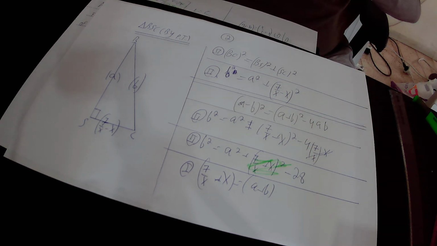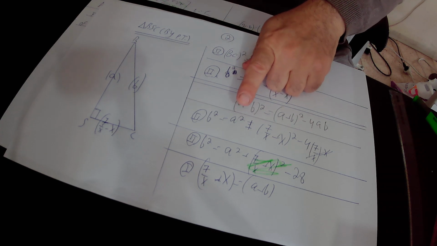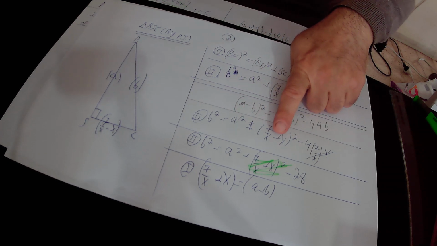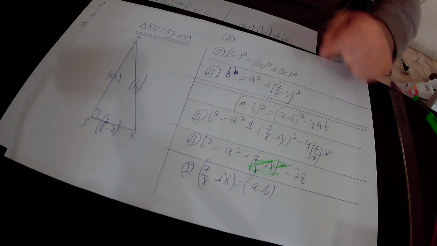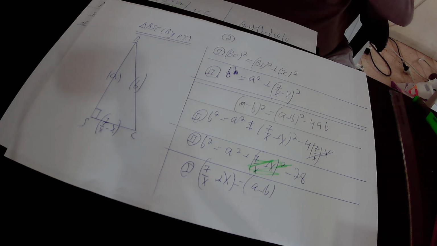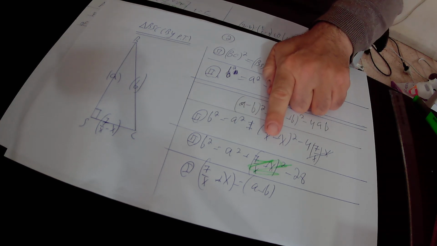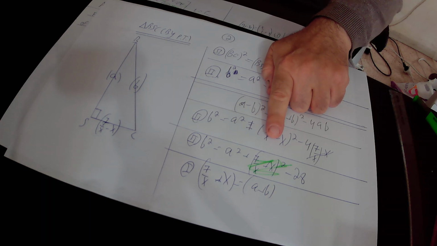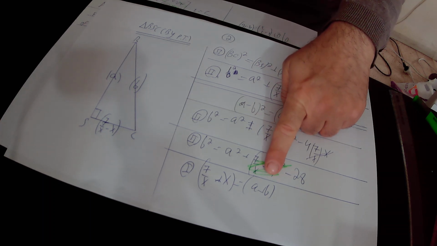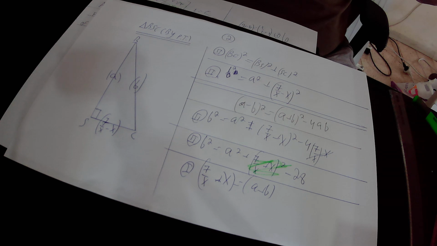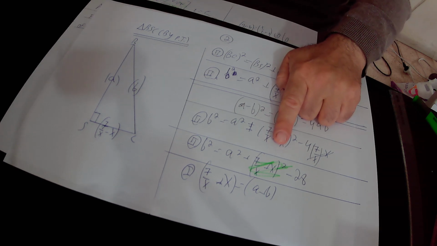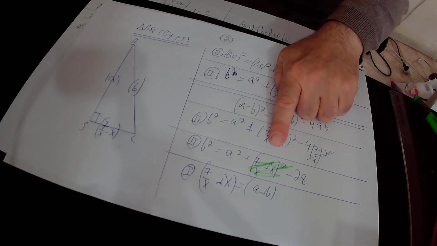So according to equation 2, b squared equals a squared plus (7 over x plus x) squared minus 28. But we have already found out that 7 over x plus x equals a plus b according to equation 1. So we can substitute 7 over x plus x by a plus b.